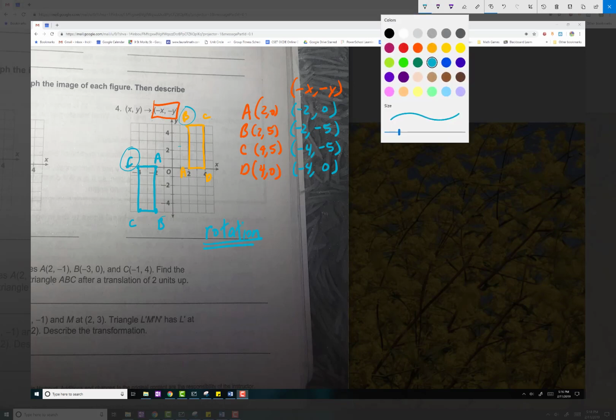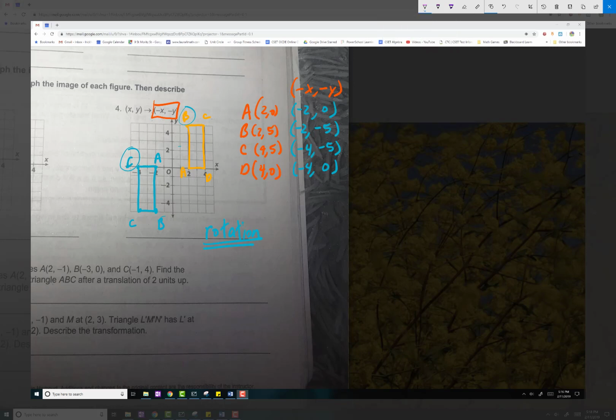And if we have a rotation, let's grab point A from the origin, and then grab the new A from the origin again. The angle that we made isn't 90 degrees anymore, it's 180. So it was a 180 degree rotation, and it doesn't matter whether you say 180 counterclockwise or clockwise, you end up in the same spot.